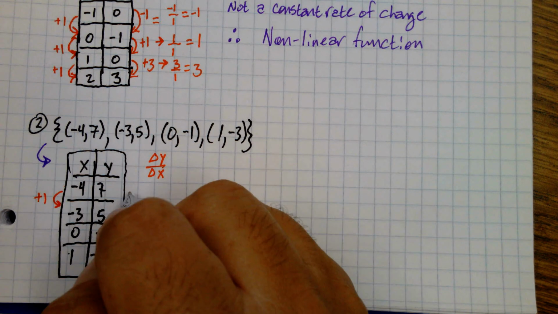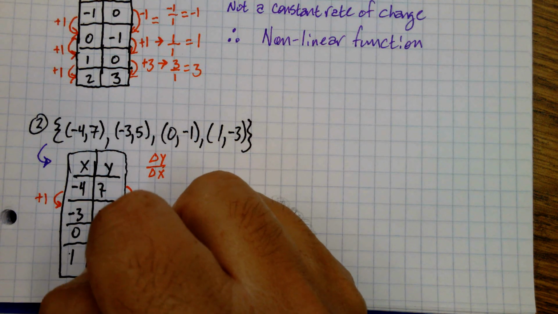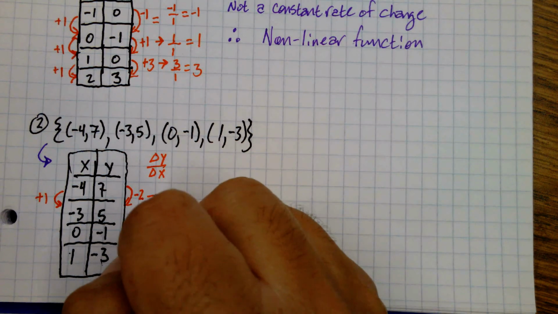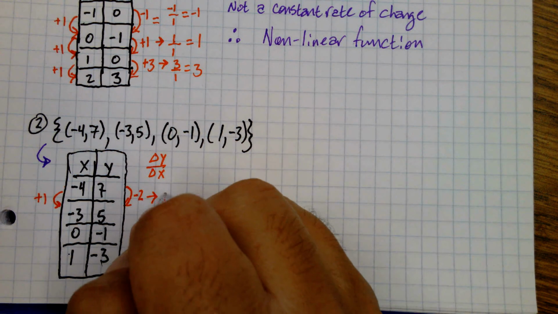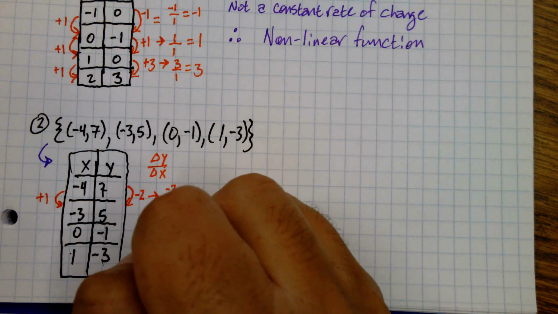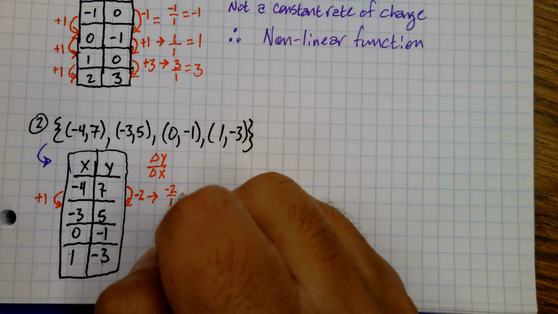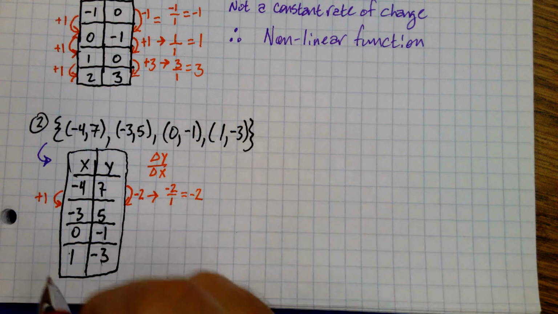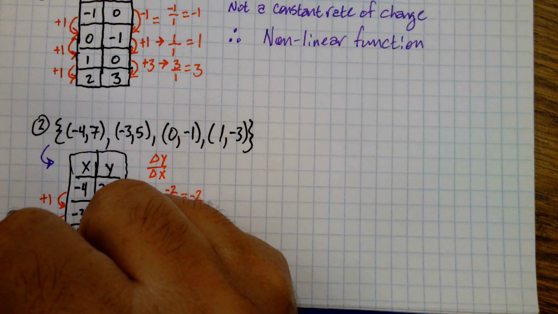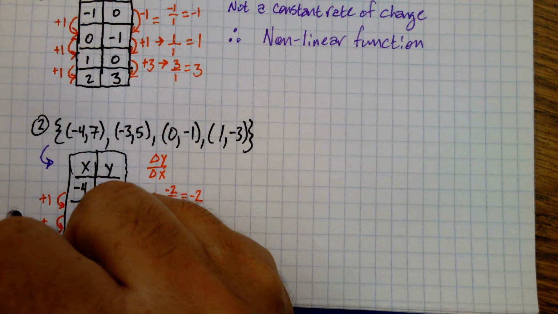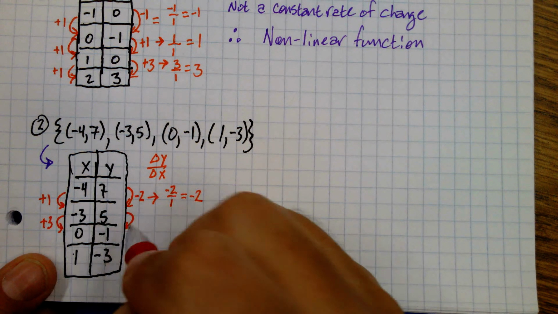We added 1. If we go from 7 to 5, -2. So therefore, change in y over change in x would be -2 over 1. So that's a -2. Let's see what we get here. -3 to 0, and we're going from 5 to negative 1.